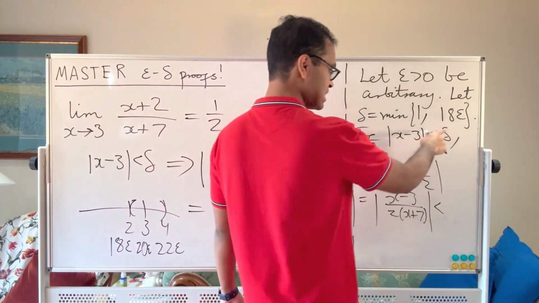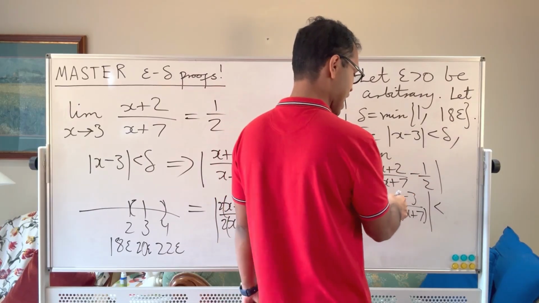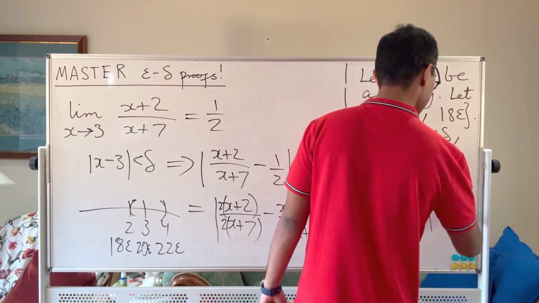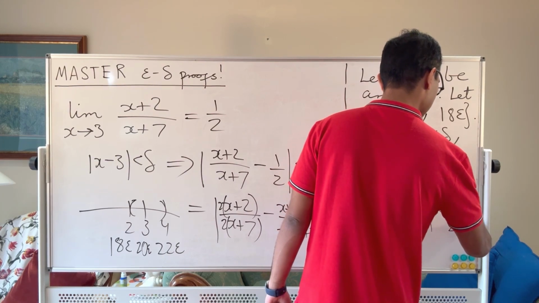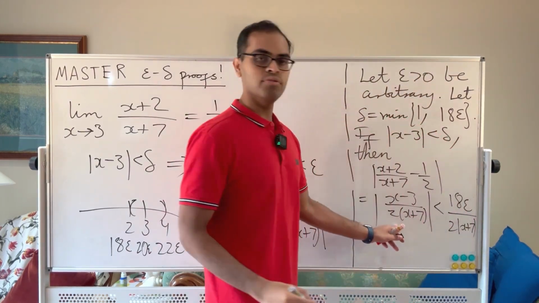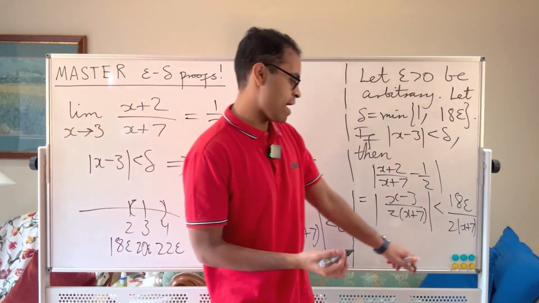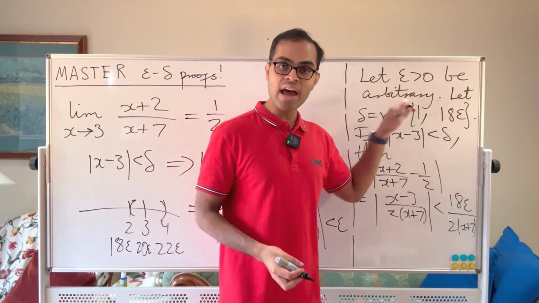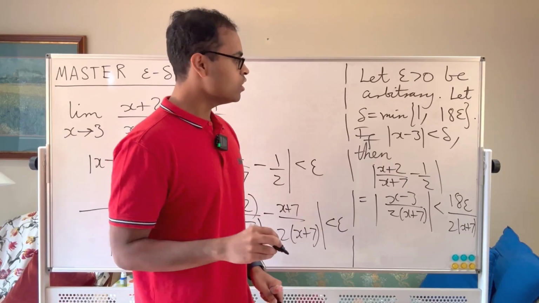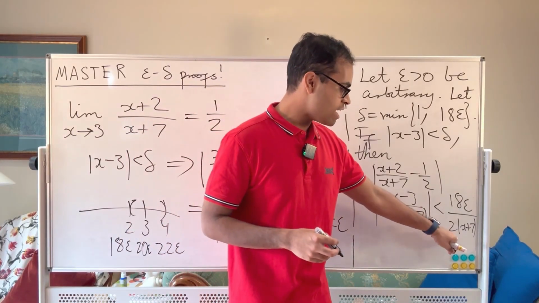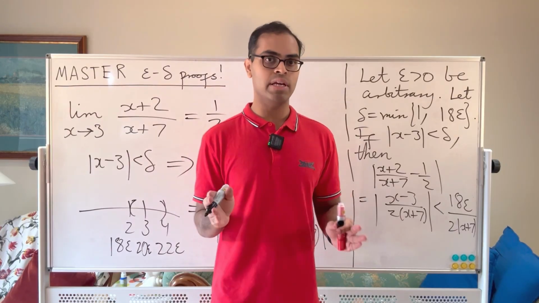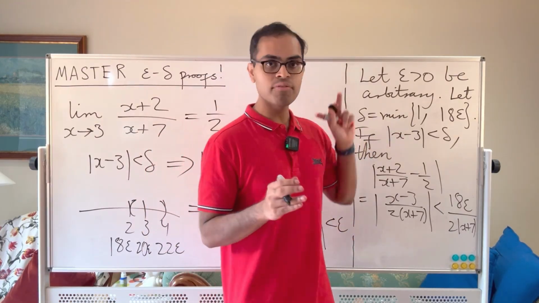Because it's less than 18 epsilon, we can say the absolute value of x minus 3 is less than 18 epsilon, divided by 2 times the absolute value of x plus 7. The absolute value of 2 is 2, so I just took that out. It doesn't really matter. But the point is that because delta is the minimum of 1 and 18 epsilon, using the 1, we know x plus 7 has a smallest value, because x is within 1 of 3.